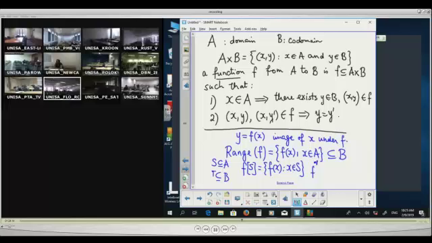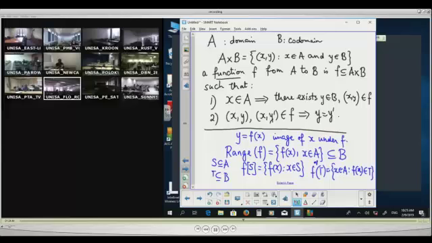This is the collection of all x in A such that f of x belongs to T. We say y is the image of x under f.